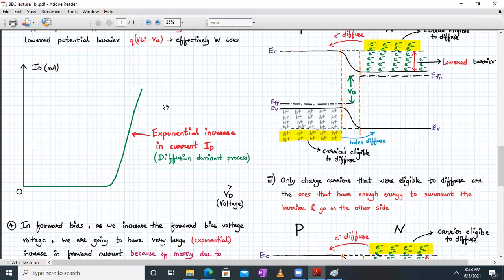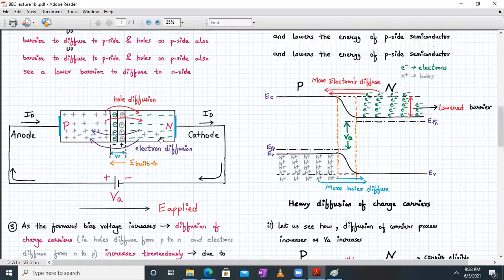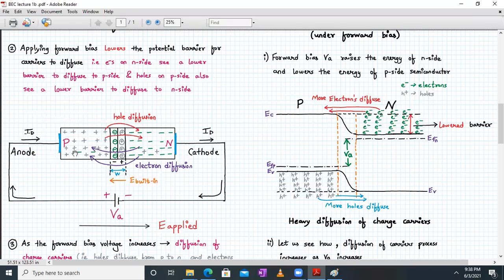And this increase in the current is due to the diffusion-dominant mechanism of transport. Just for a summary, when we apply an external forward bias, more and more carriers will diffuse across the junction, which will lead to a tremendous increase in the diode current.